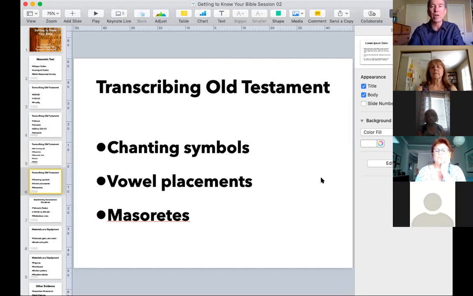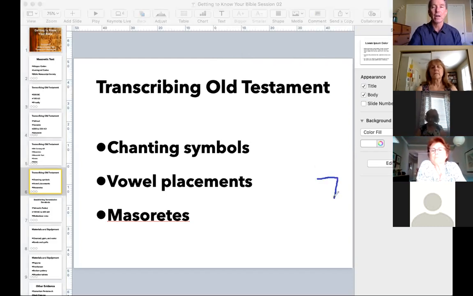Okay, so for instance, this is one Hebrew letter. Yeah, it works great. Okay, that's one Hebrew letter, the Hebrew letter Het. Here's another Hebrew letter. See the difference? They almost look identical, right? But they're two different letters.